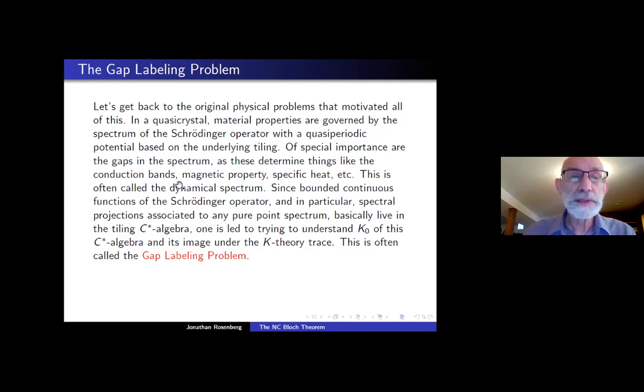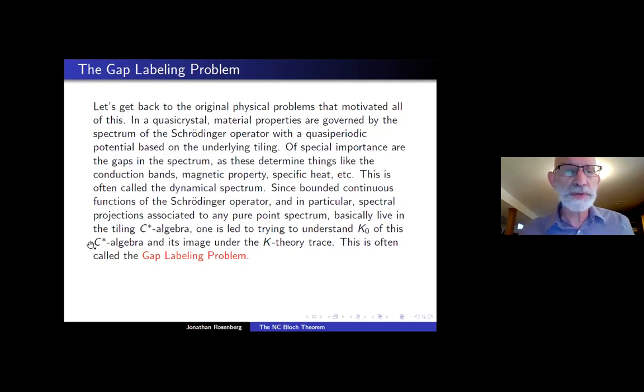So this we will call the dynamical spectrum. The observation, which I guess originally goes back to Bellissard, is that if you take the bounded continuous functions of the Schrödinger operator, they will live in this tiling's C* algebra. So if you take spectral projections associated to any pure point spectrum that happens to exist, those are projections in the C* algebra, and that's why the K-theory trace is relevant.